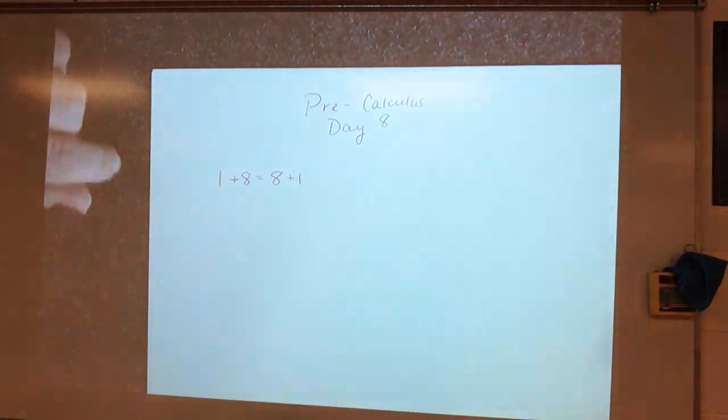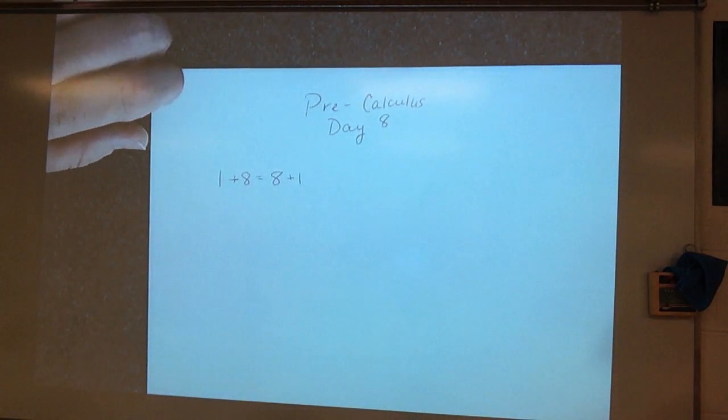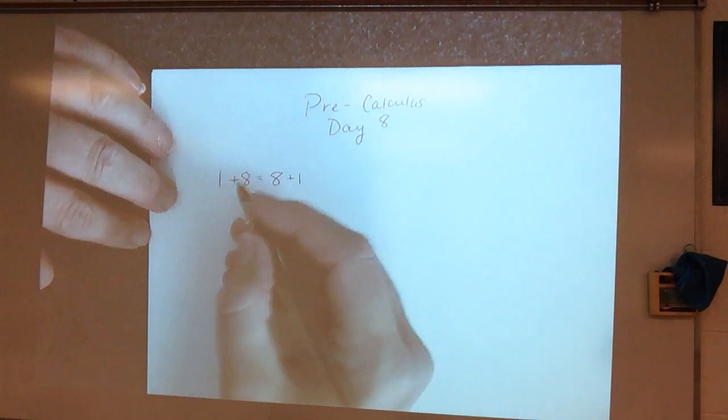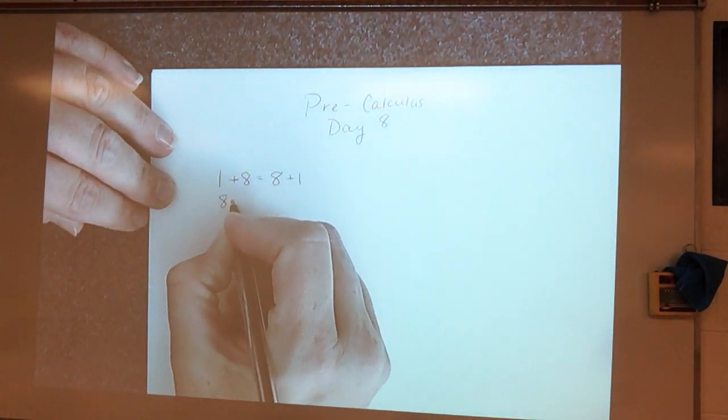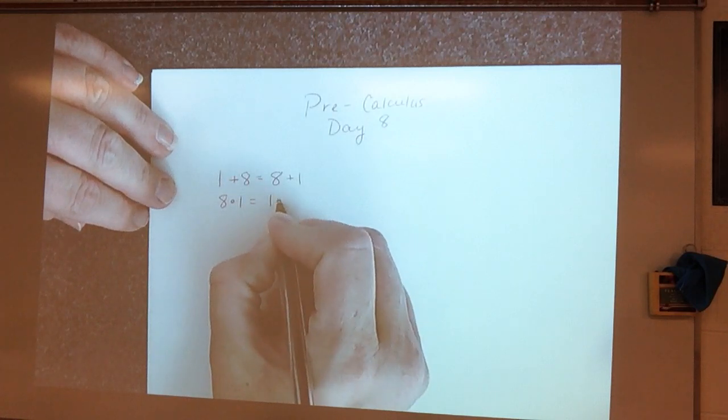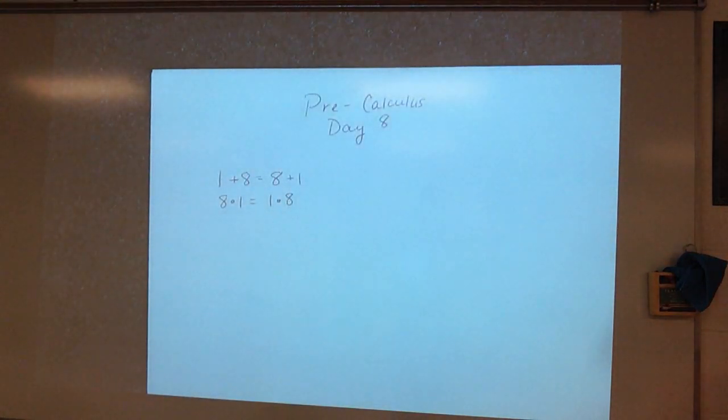Multiplication, because you do have the commutative property of addition, the commutative property of multiplication. So 8 times 1 is the same thing as saying 1 times 8. You were taught when you started adding and multiplying that it did not matter what order you did your numbers in. That is because of the commutative property.